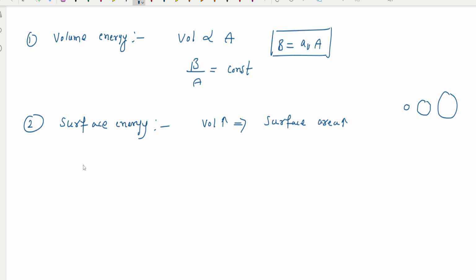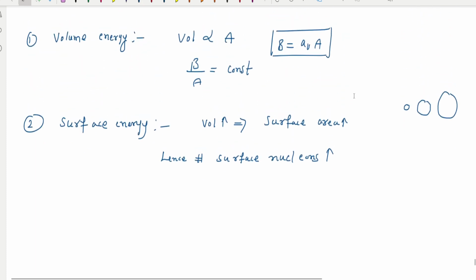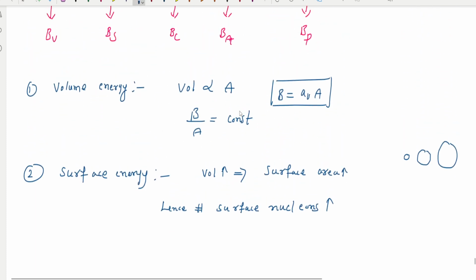Hence, the number of surface nucleons also increases. Hence, here the binding energy is going to decrease.